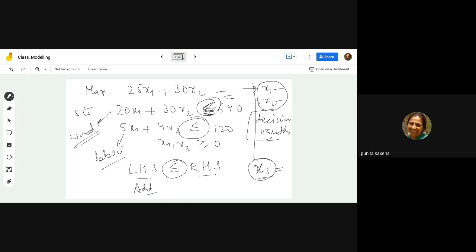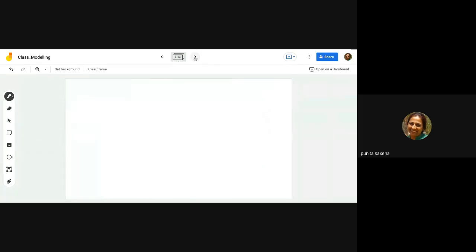Okay, but this x3 is being incorporated in the constraint. Of course, it will have to be incorporated in the objective function also, but with some restrictions. If I'm incorporating this x3 in my constraint, see, basically, what does this less than or equal to type mean?